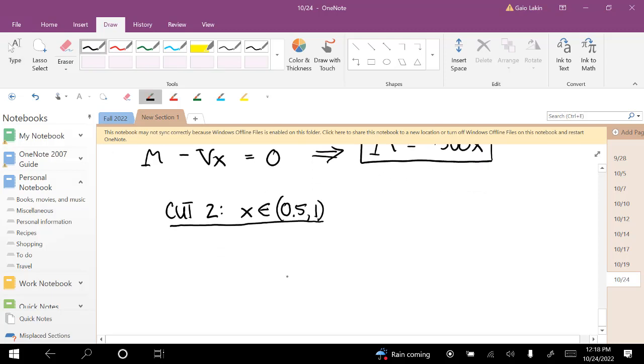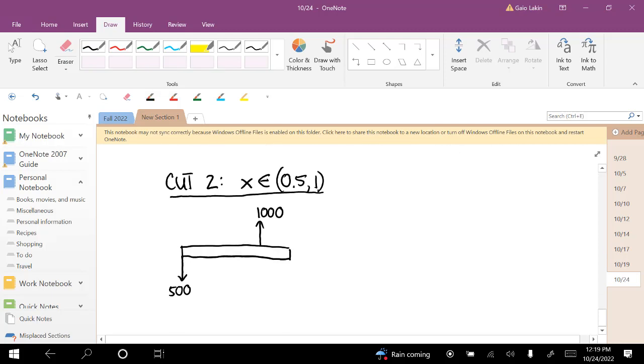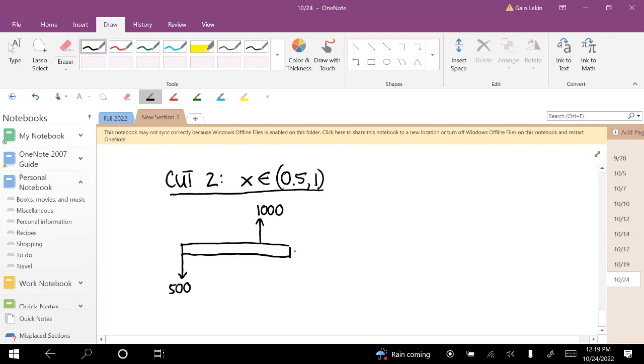And this free body diagram generally, no matter what x value you chose, is going to have the 500 Newton force on the left. It's going to have the 1,000 Newton force up a distance of 0.5 from the left. And then it's going to have the internal loads T, V, and M.